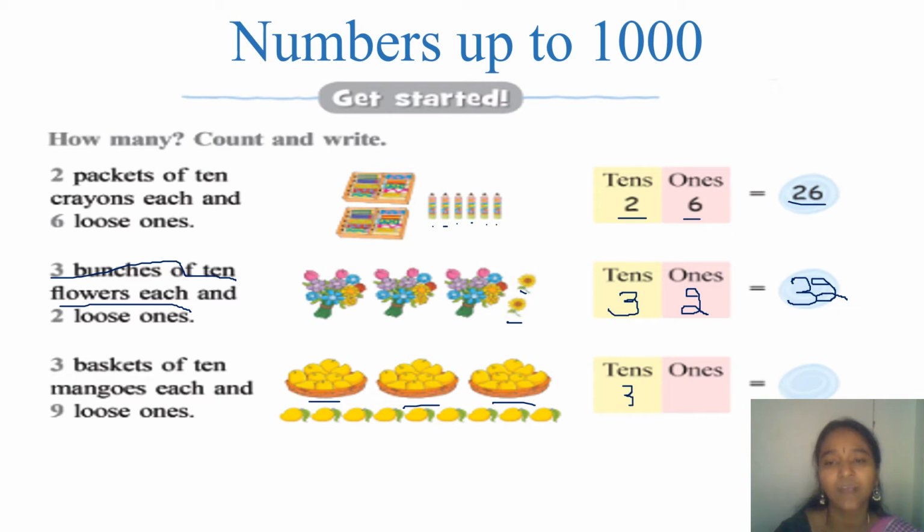Under ones, how many loose ones are there? 1, 2, 3, 4, 5, 6, 7, 8 and 9. So 9 ones. So total how many mangoes are there? 39. So I am writing 39 here. You can write in your book.